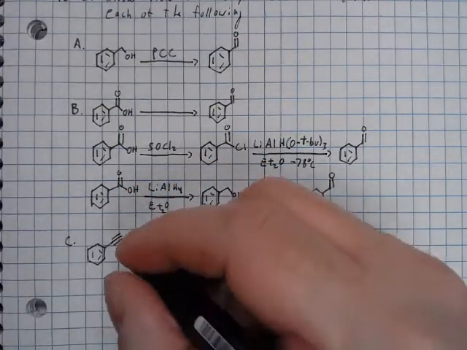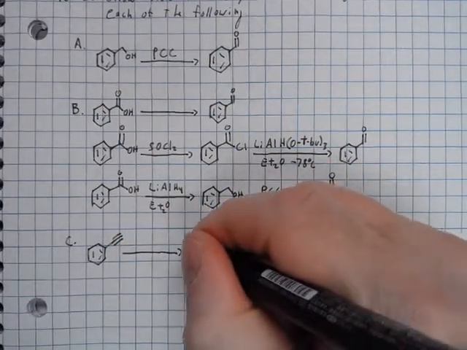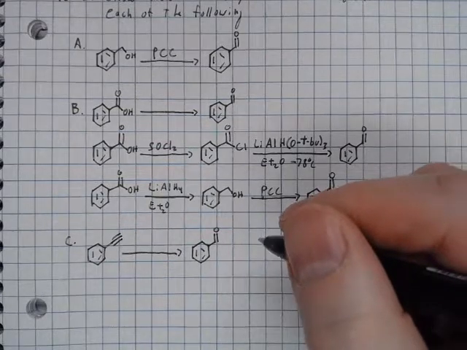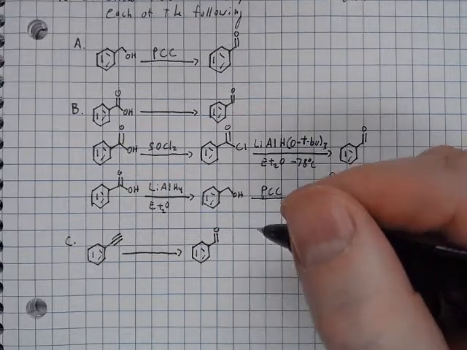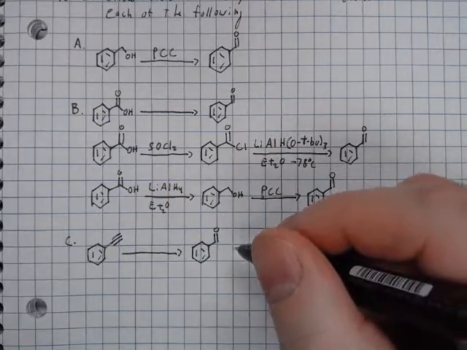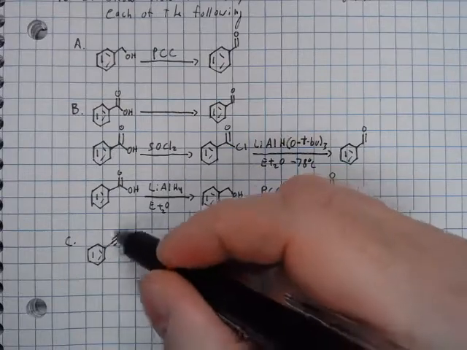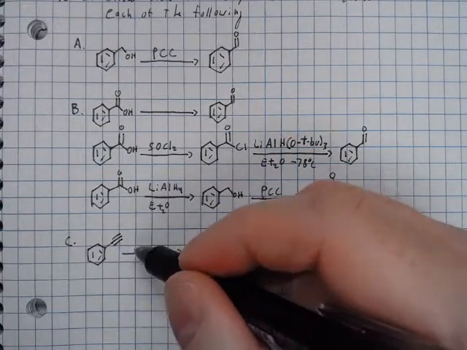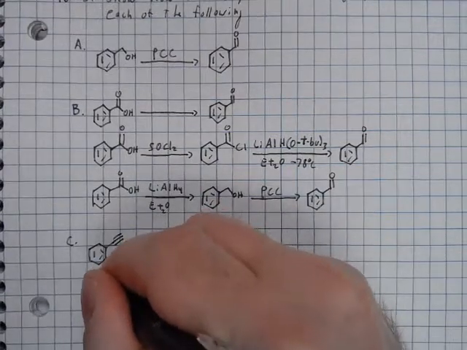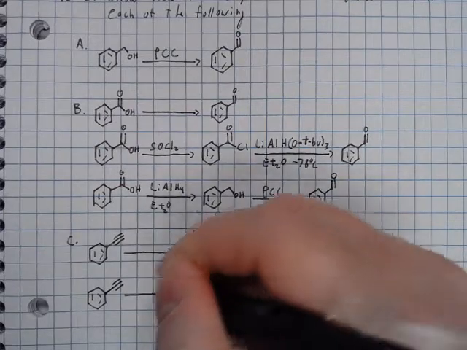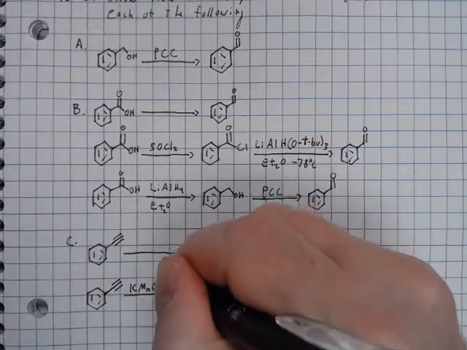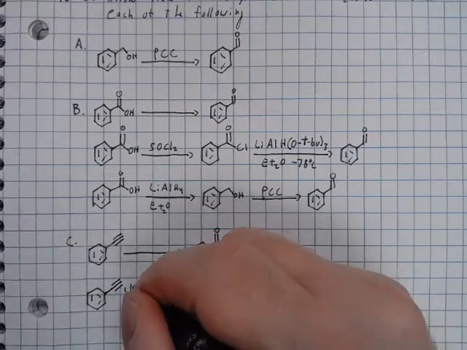So phenylethyne to benzaldehyde, and one way of doing this is if we oxidize this triple bond with potassium permanganate, followed by an acidic aqueous workup.